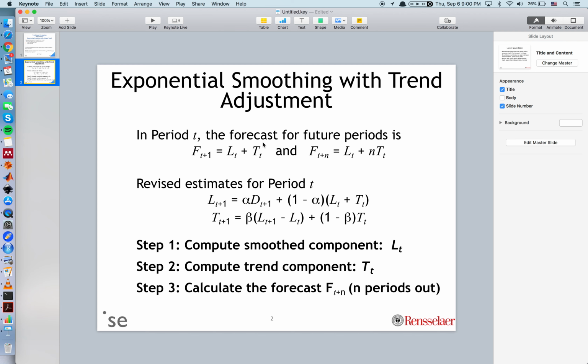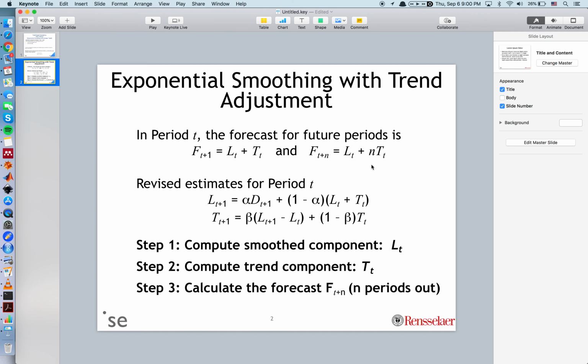However, and this is unlike our previous methods where we did not have a trend, now because we are assuming a linear trend, if we want to forecast further into the future, let's say n periods of time into the future, then we need to add the trend multiple times.